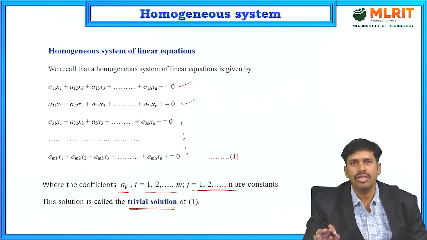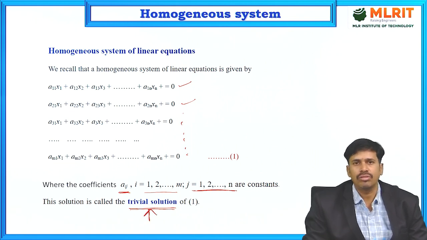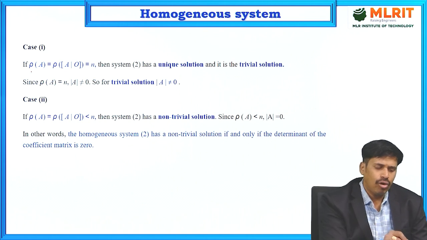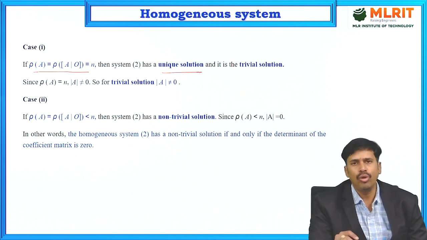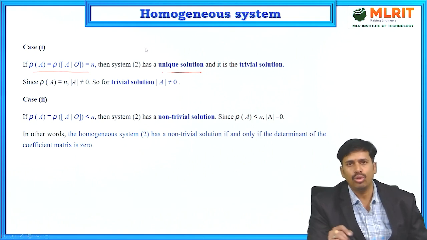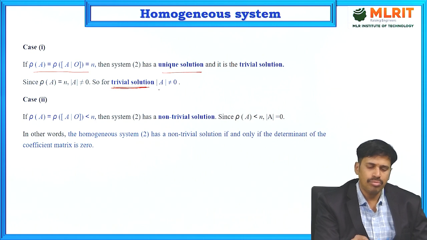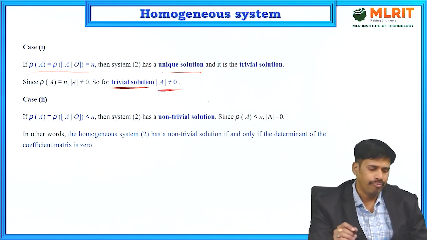Either that solution is the zero solution, which is called the trivial solution, or an infinite number of solutions. These are the only two cases that arise. If rank of A equals rank of augmented matrix equals n, then a unique solution exists. What is that unique solution? It is the zero solution, which is also called the trivial solution. This is possible only if the determinant of A is not equal to 0, right?